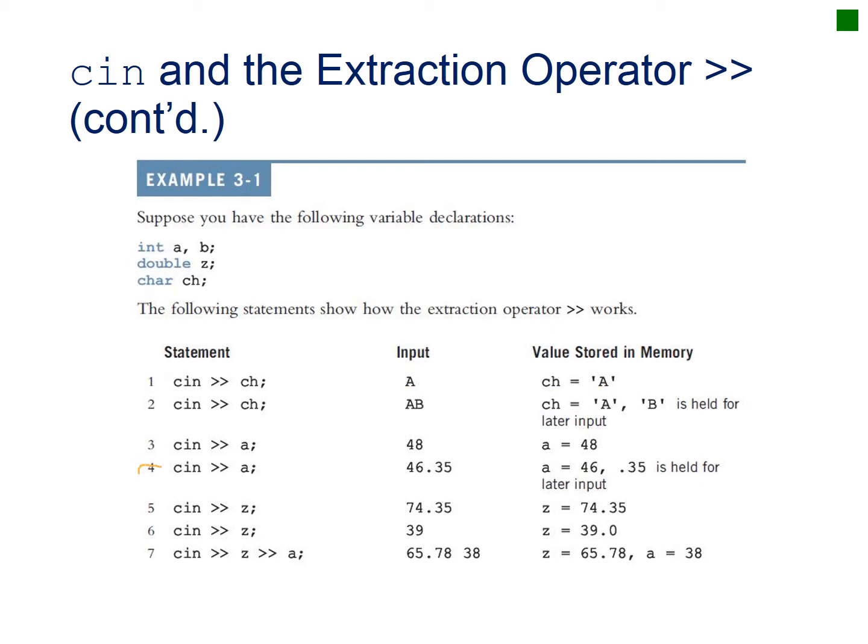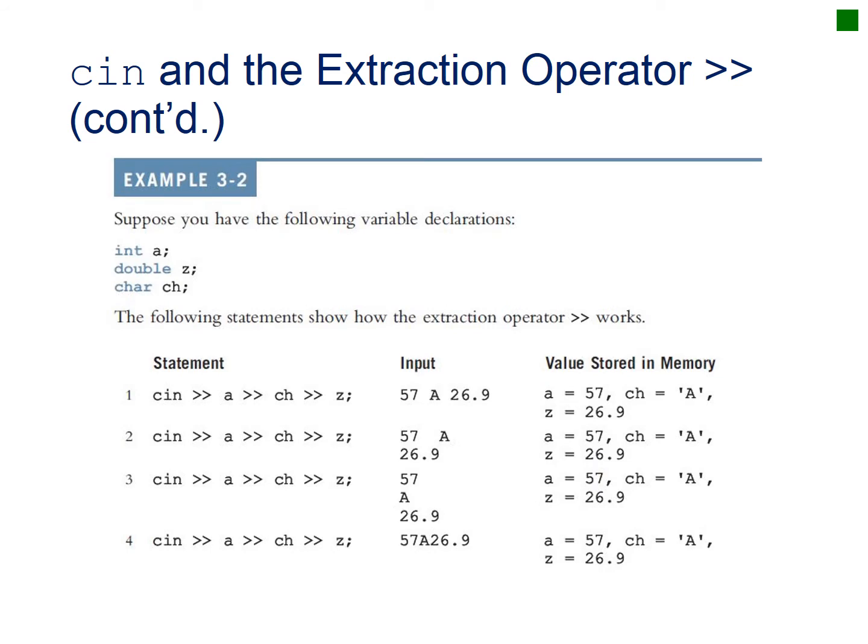On line 4, we are given the input of 46.35. 46 is stored in the variable A, while .35 is held for later input. This is because an integer type does not hold a decimal number.